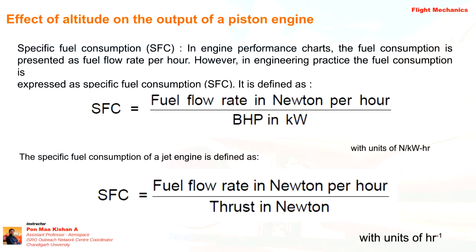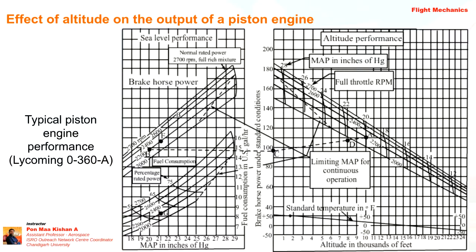Let's get back to the chart. I am zooming in for your better view. In this graph, it is given with respect to fuel consumption and brake horsepower, that is power output.